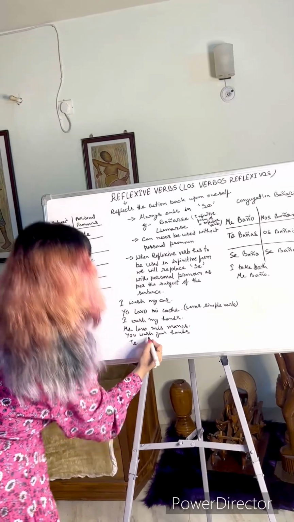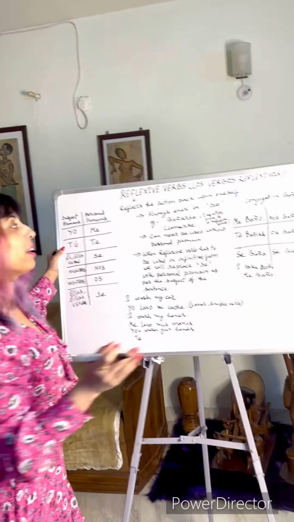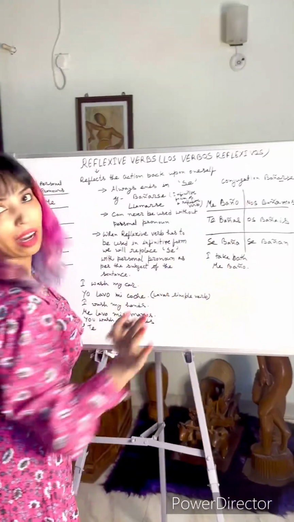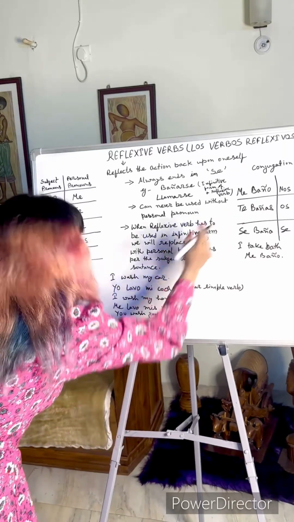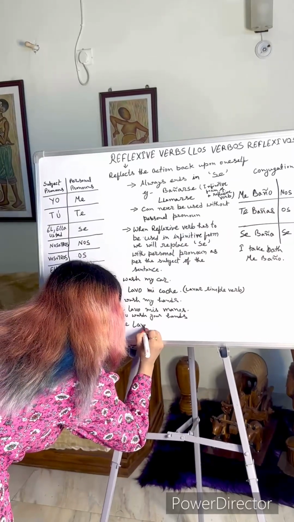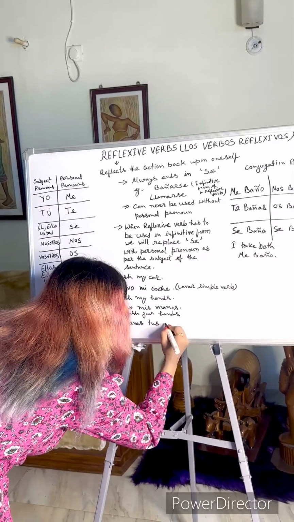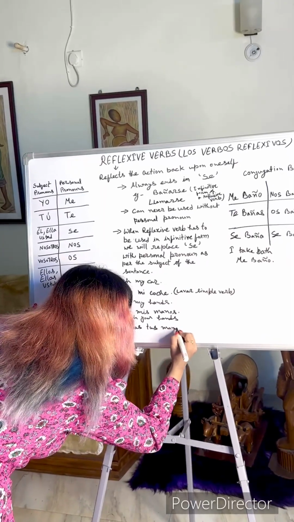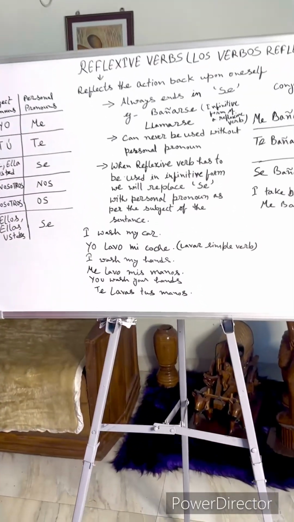Te and lavar. Lavar will be conjugated like lavo, lavas, lava. So it would be lavas for te. Te lavas tus manos, your hands. Okay, so it would be like that.